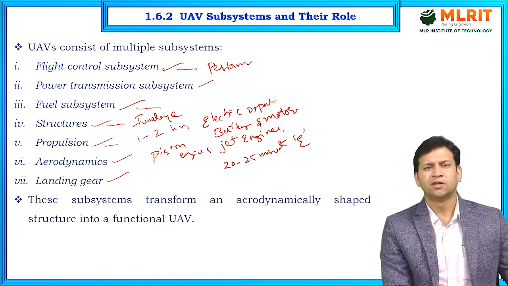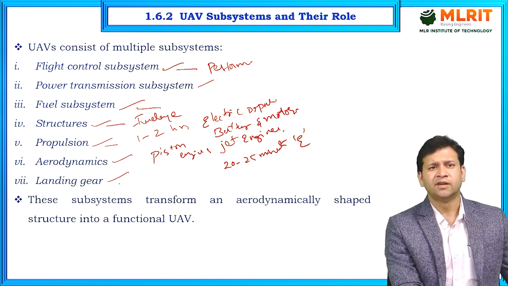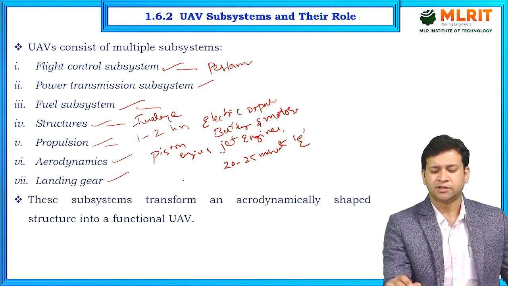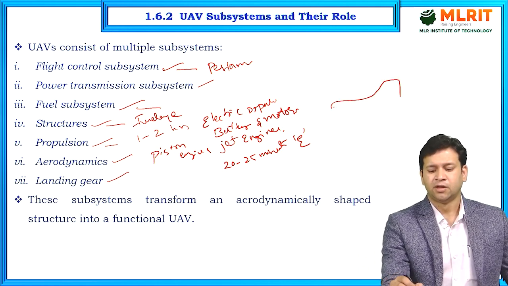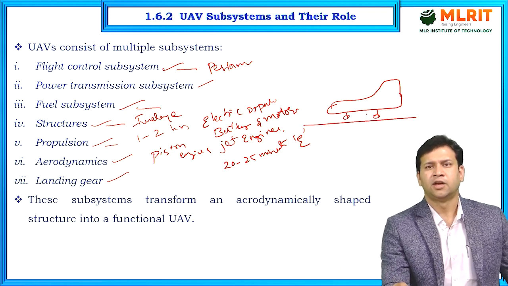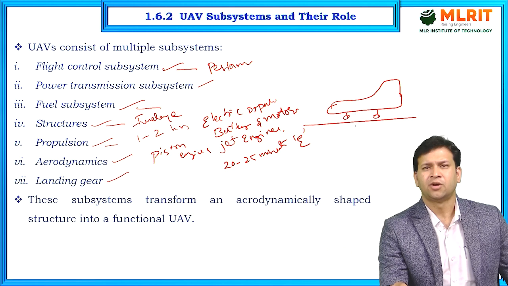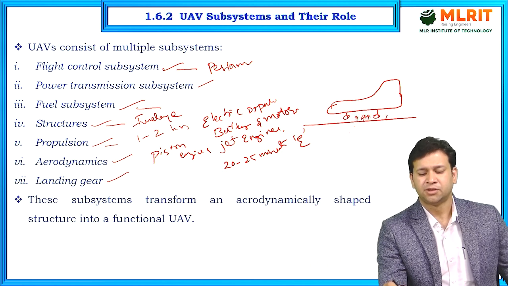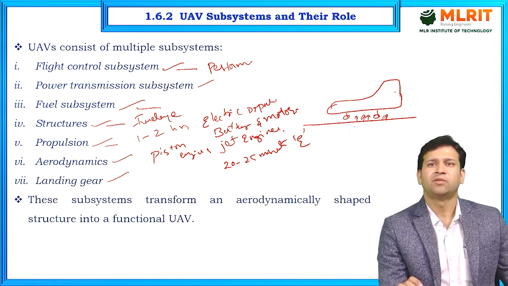Then landing gear, these landing gears are designed for unmanned air vehicle to ensure that when it touches down, when this unmanned air vehicle is touching down this ground here, when it impacts here, it has to be designed such that the impact load which is generated from here shouldn't affect the structure of the unmanned air vehicle.